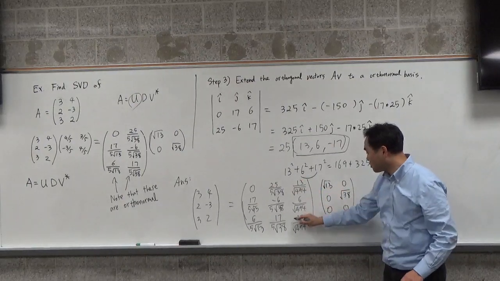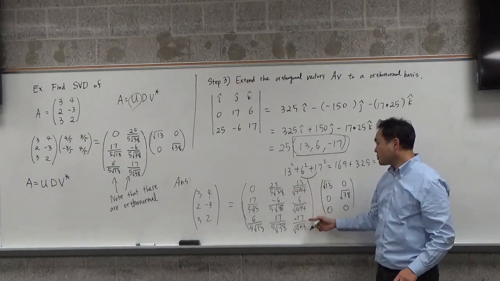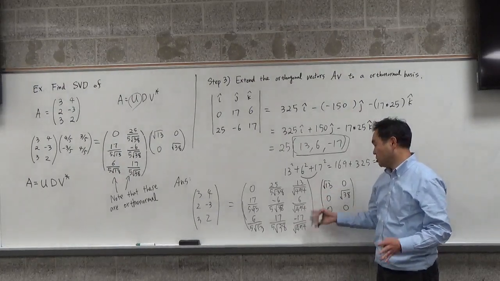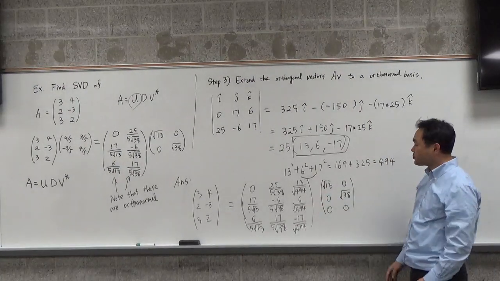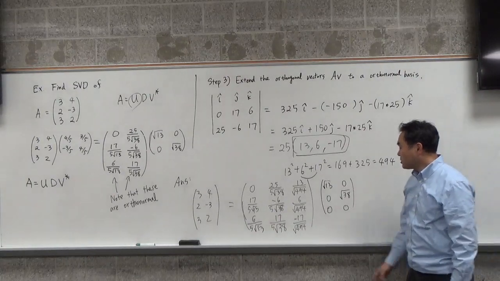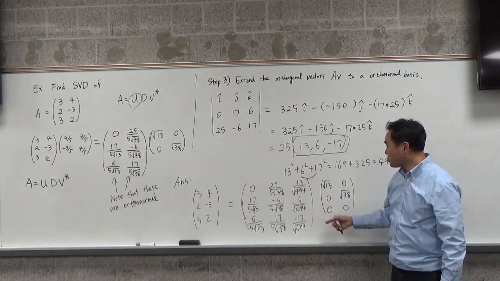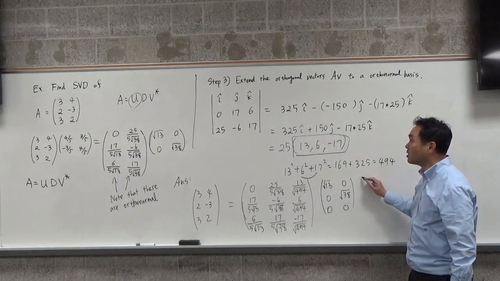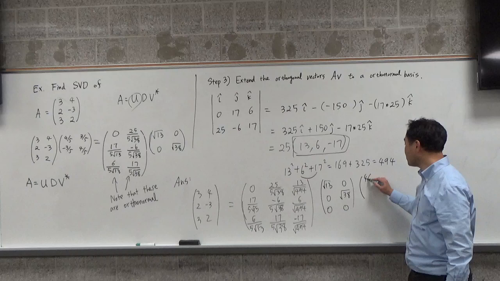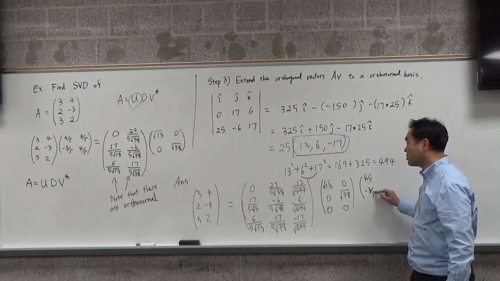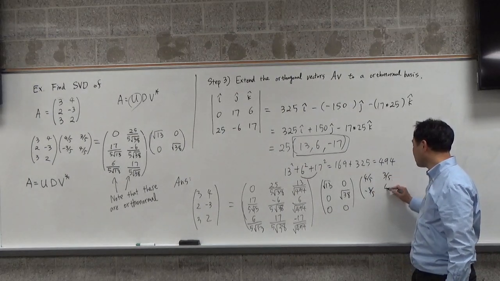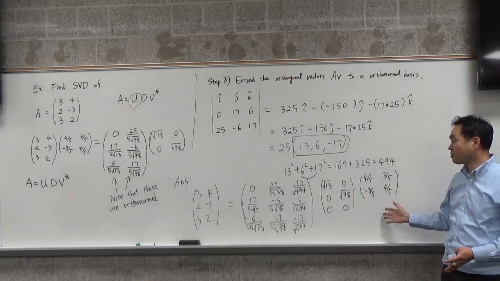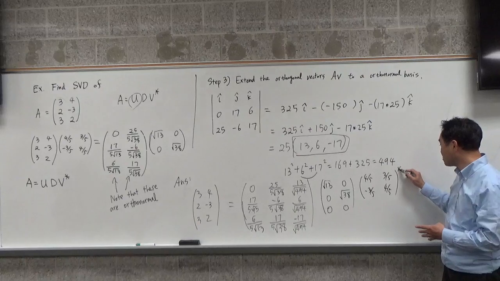Oh, by the way, I forgot to put a minus here. I could take this one and put a minus, and then it will still work. But because the final answer shouldn't really be using this one, I put 0, 0 for that. And then the other vector, what is this? 4/5, negative 3/5, 3/5, and 4/5. And you do that, and that is the final answer for the singular value decomposition. Oh, I should put a star here.